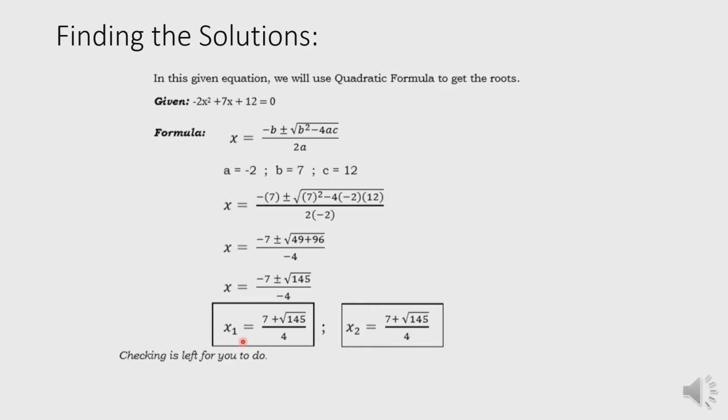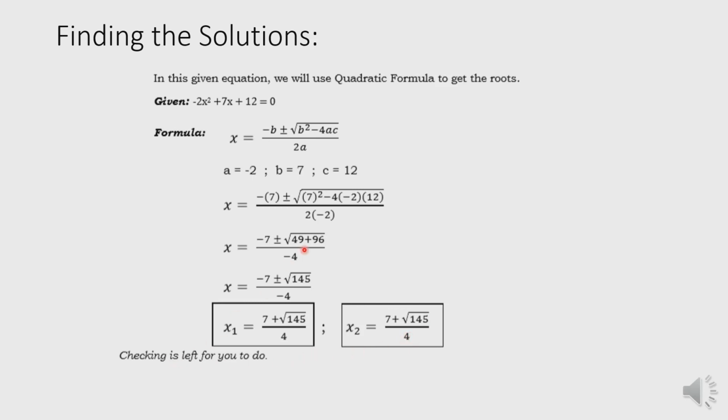Since there are two roots, we consider x sub 1 and x sub 2. Our x sub 1 should be negative 7 plus square root of 145 over 4. And x sub 2 is negative 7 minus square root of 145 over 4.